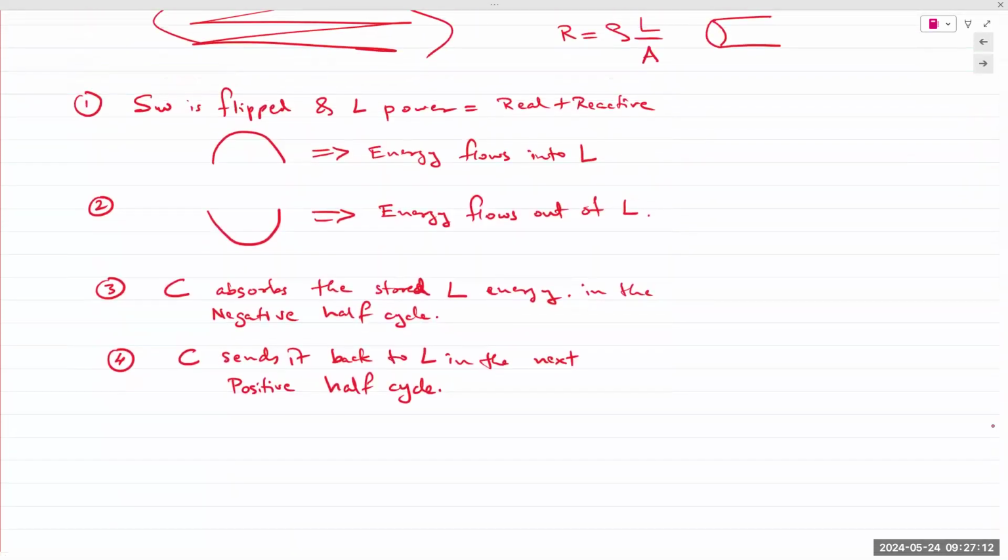It bounces between the inductor and the capacitor, like a ping pong ball or a tennis ball.